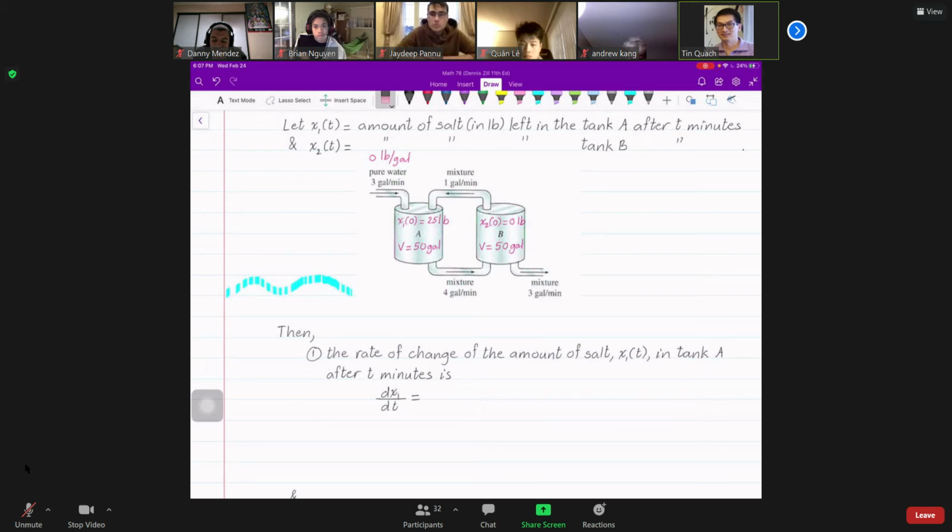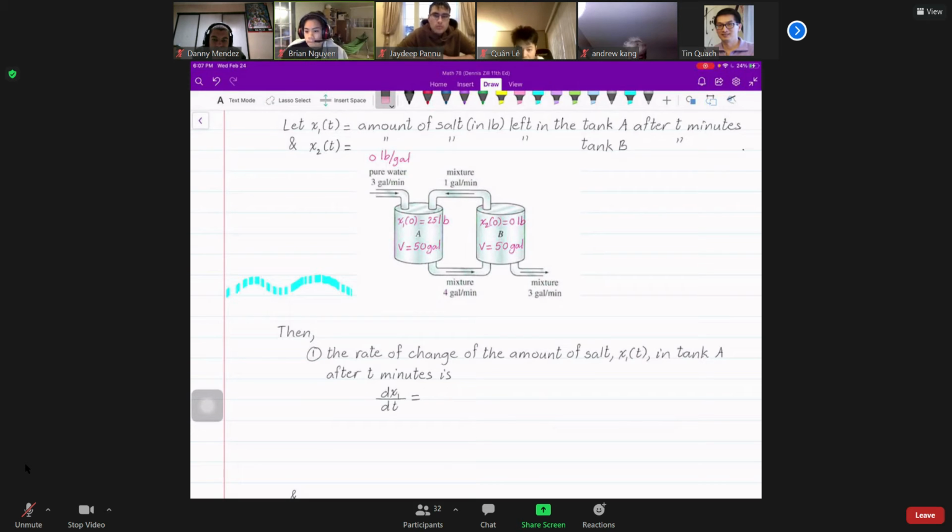Is the volume always 50 gallons in the tank? You have 2 sources of solution coming in and 1 source coming out. Is the tank always 50 gallons?